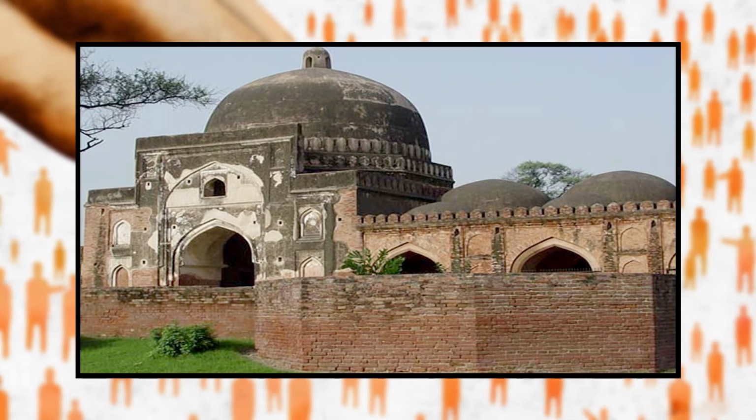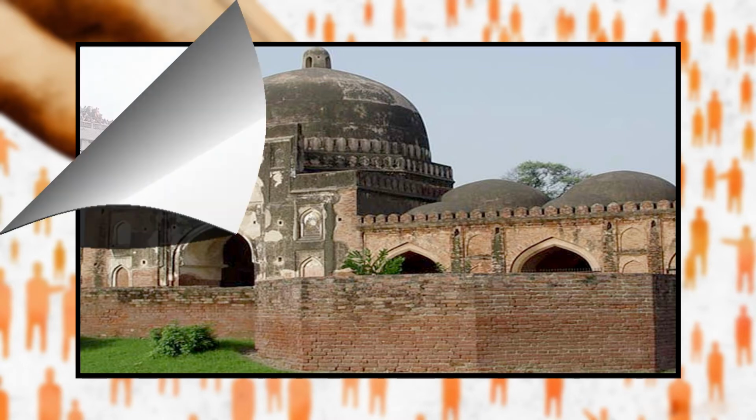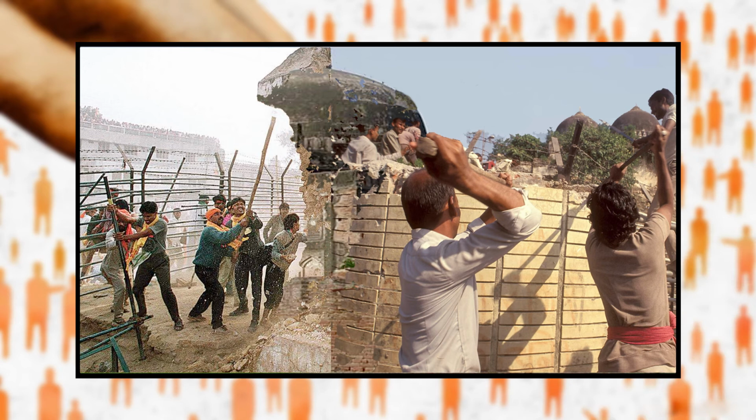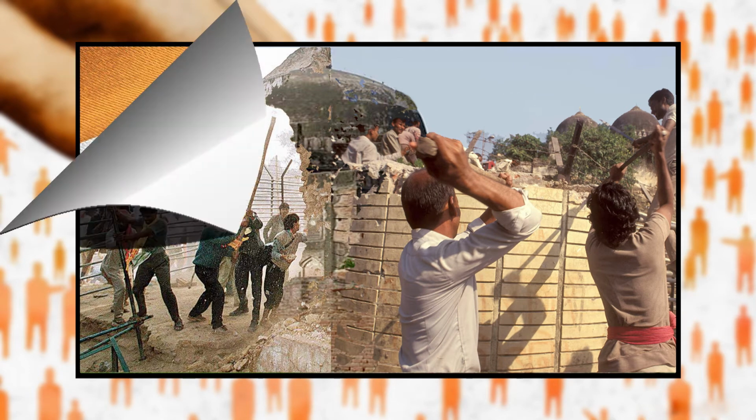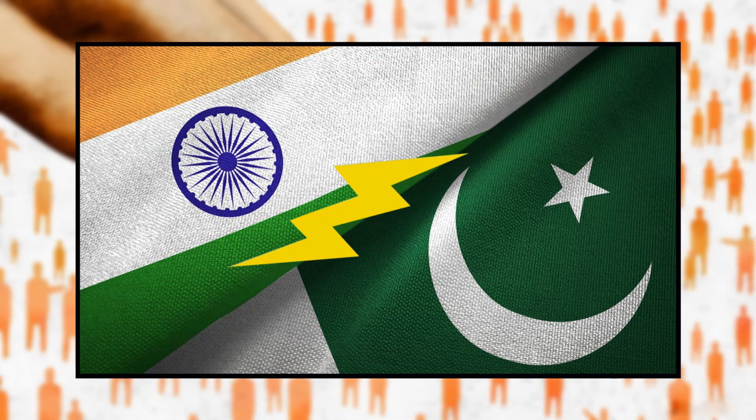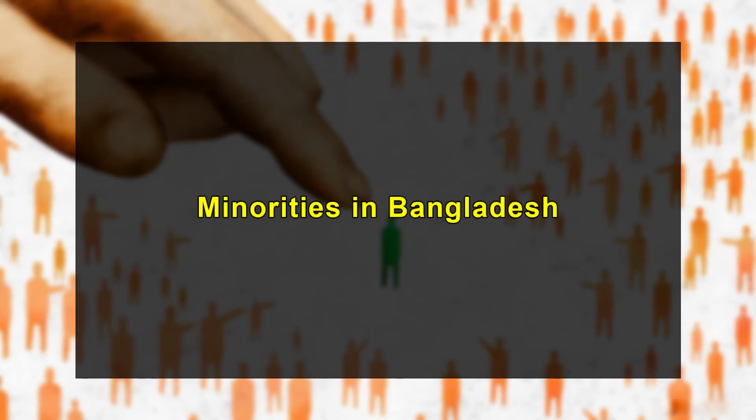The prominent case of Babri Mosque in the city of Ayodhya, apparently built on a Hindu ancient temple during the 16th century and destroyed by Hindu nationalists in 1992, led to a massive destruction of property and death in both the countries. Now let's have a look at minorities in Bangladesh.